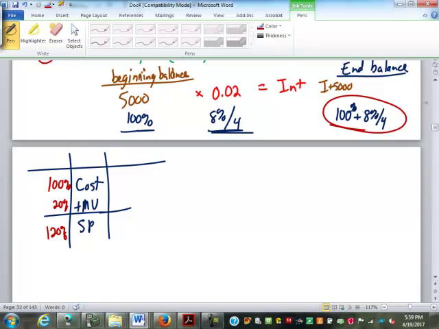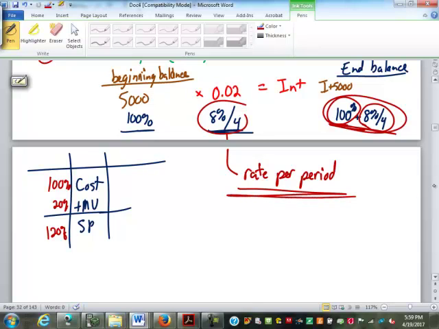So anyway, that ending balance is 100% plus this value here, the 8% divided by the 4, which is what's called a rate per period. The 8% is the annual rate, the stated rate, divided by the number of periods in the year.